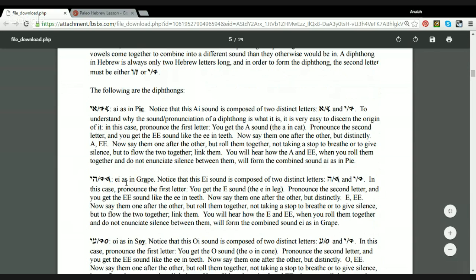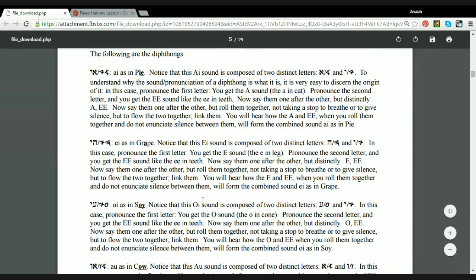Same thing here for EI as in grape. Notice that this EI sound is composed of two distinct letters, hey and yod. In this case, pronounce the first letter, you get the E sound, the E in leg. Pronounce the second letter, and you get the E sound, like the E in teeth. Now say them one after the other, but distinctly.